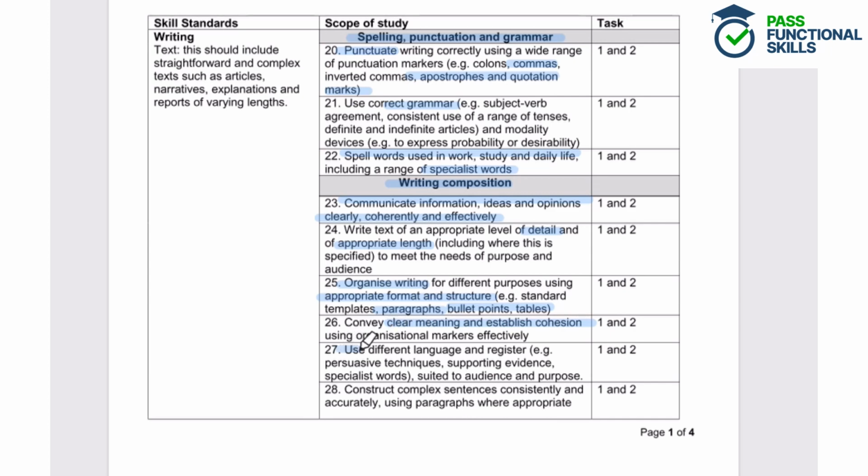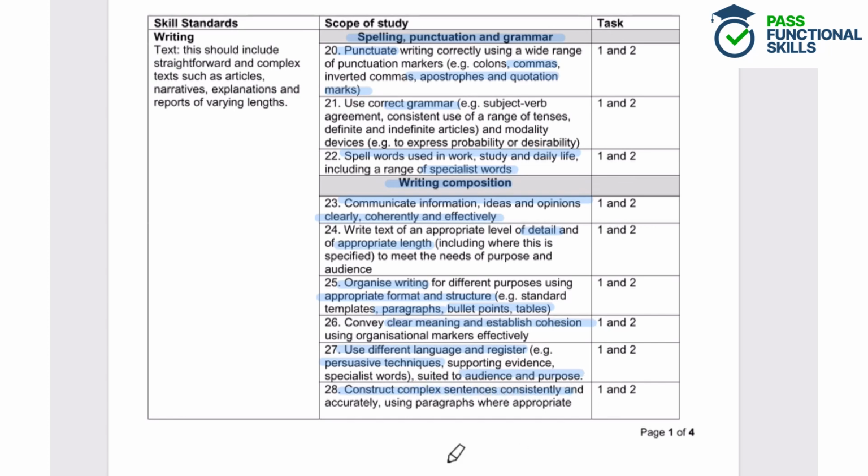We need to use different language and register, such as persuasive techniques, when we are writing for different audiences and purposes. So we need to decide how formal our writing needs to be before we start writing, and we need to think about the kind of style and tone we want to convey, what kind of language we need to use. And finally, we need to construct complex sentences consistently and accurately.